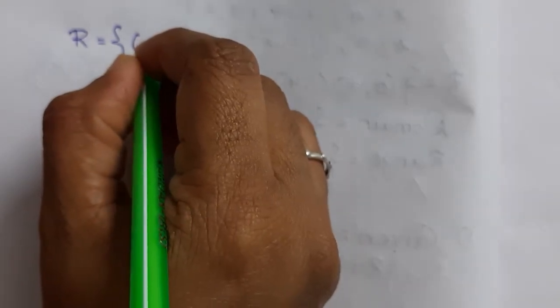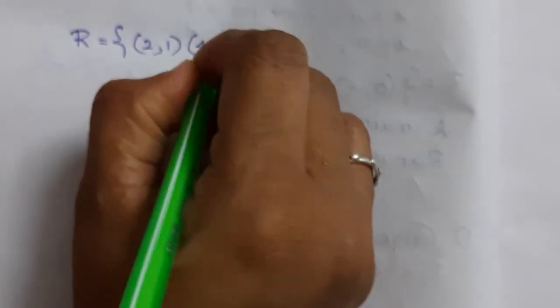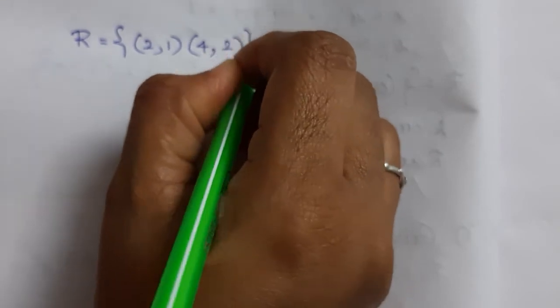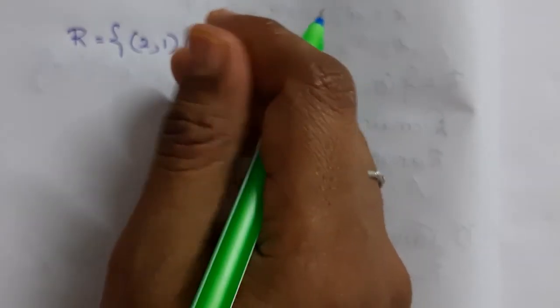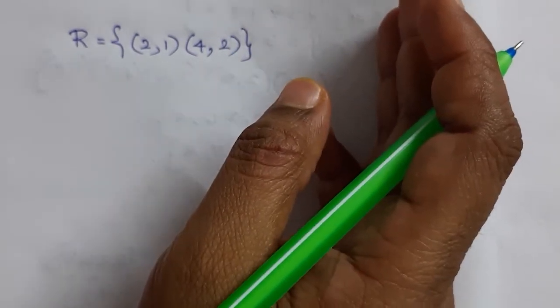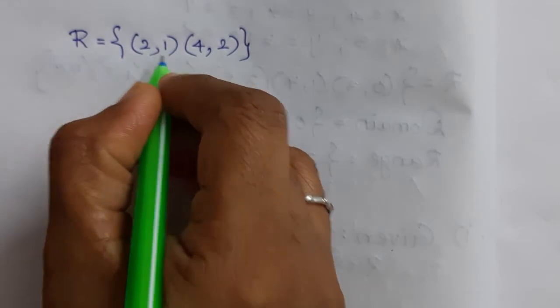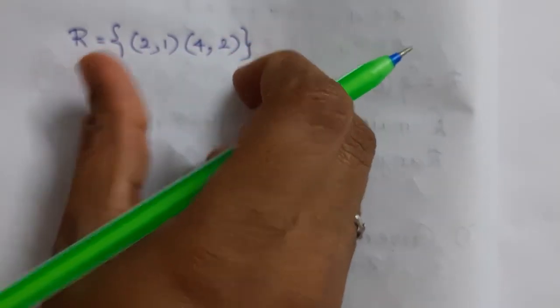When the value of x is 2, the value of y is 1. And when the value of x is 4, the value of y is 2. Here you cannot write 3 and 5 for x because you don't have a matching element in y. So relation R is equal to {(2, 1), (4, 2)}.